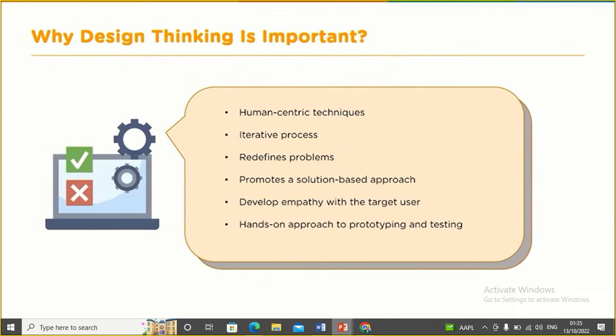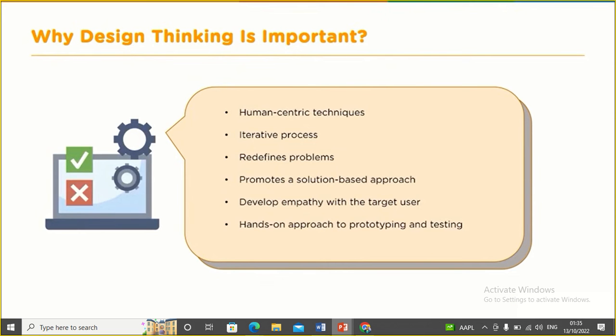Let us discuss. It's a human-centric technique. It adopts human-centric techniques. Why? Because without understanding the customers' or consumers' needs and requirements, no innovation can be proposed and be successful.